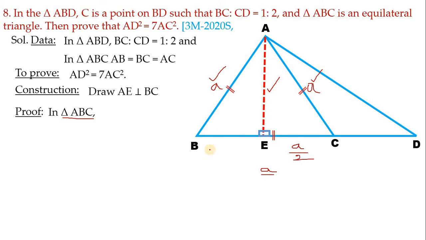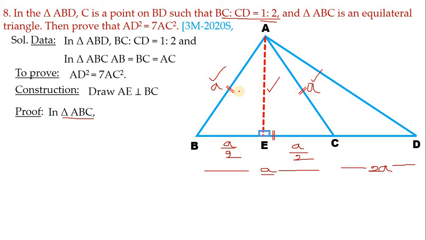Hence the median divides the base into two equal parts, so it has become A by 2 and A by 2. And one more thing, this is A, which means this CD will be 2A, because they said in the problem BC is to CD equals 1 is to 2. Clear?